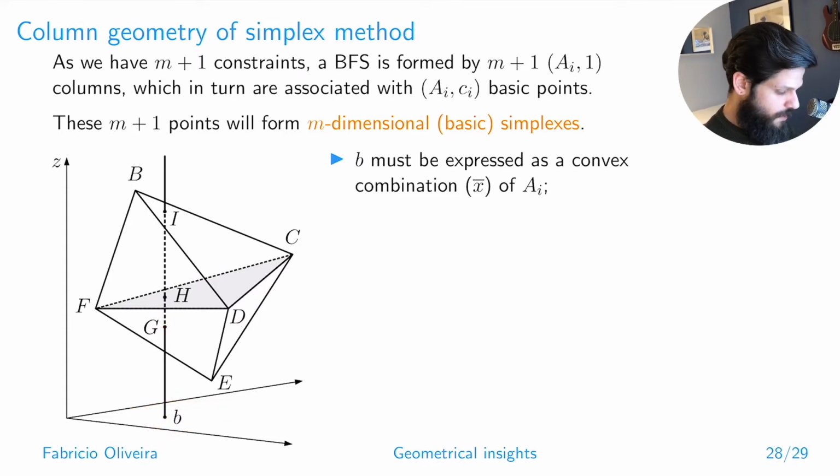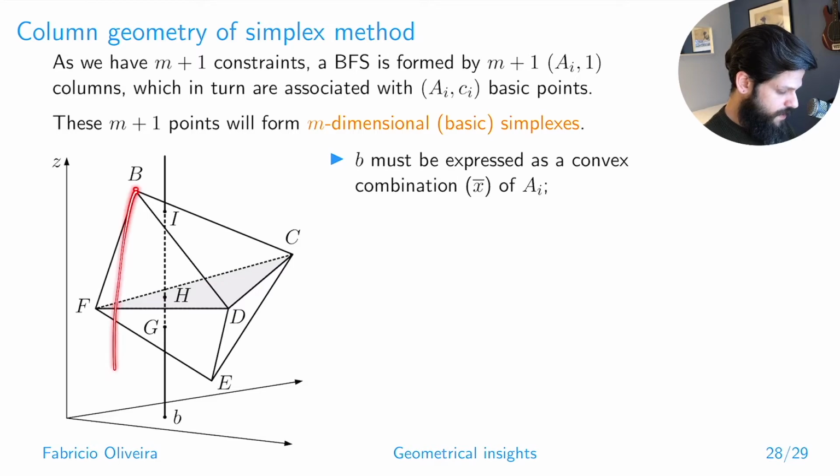So B is part of the simplex, okay? So in this picture, for example, if I look at the combination with the points D, E, and C, it's not a feasible simplex because I can't represent B by combining these points. B is not part of the convex hull. But in this case, I have a feasible simplex, so it's a feasible basis.